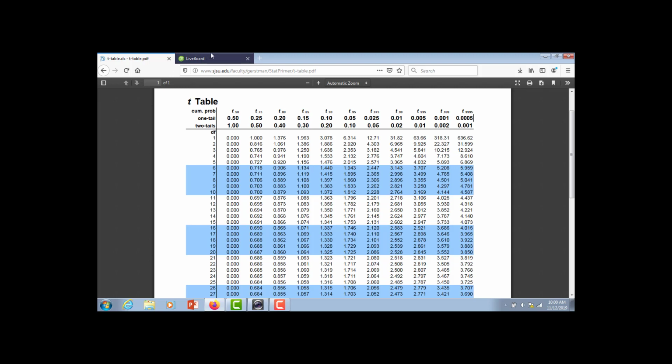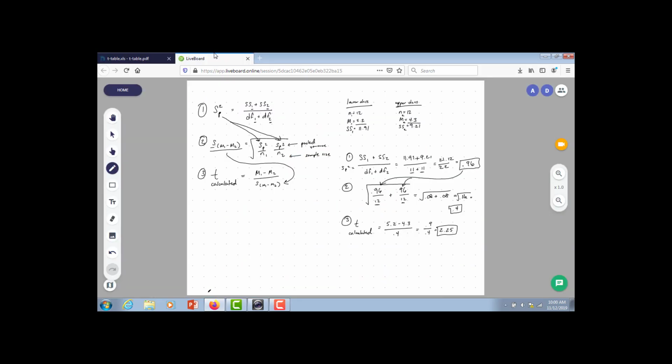Let's go back to the live board. So our T critical is plus or minus 2.074. Now, this is a simplified version because the graph is much more complicated now, folks, because we're dealing with two different samples and the difference of the means. But I'm going to simplify it just by drawing out one normal curve here.